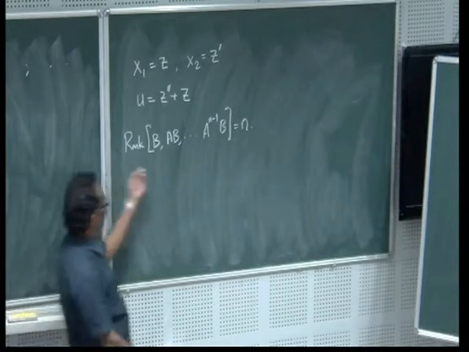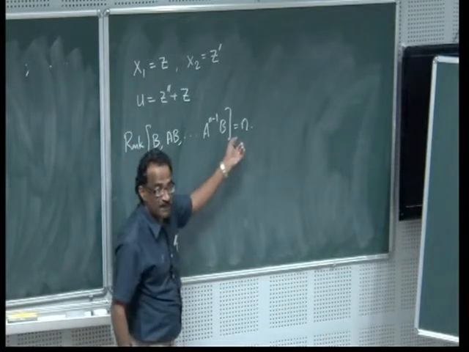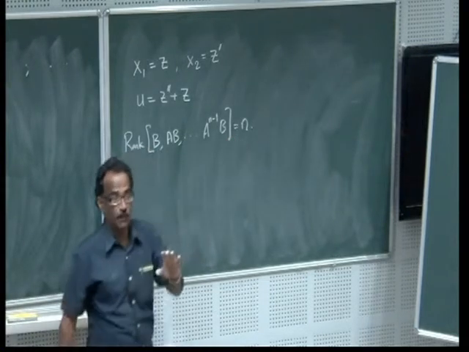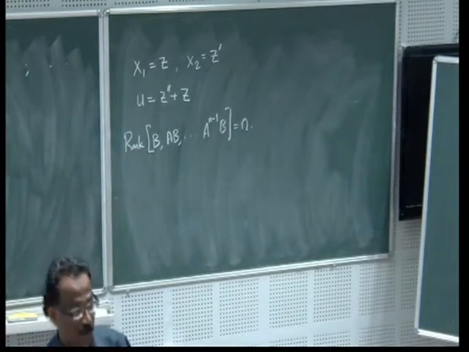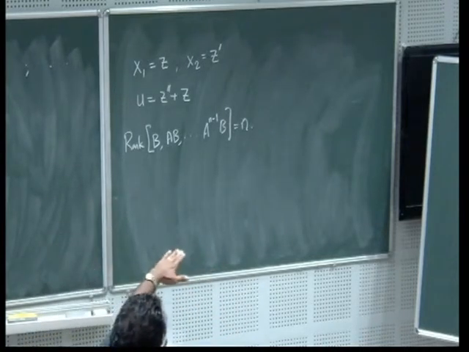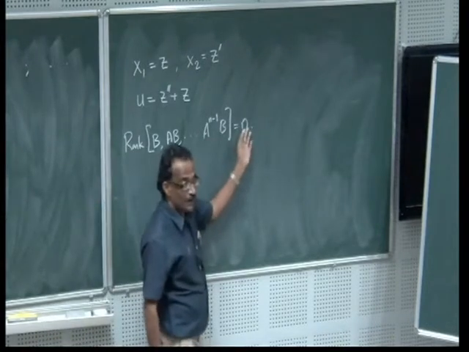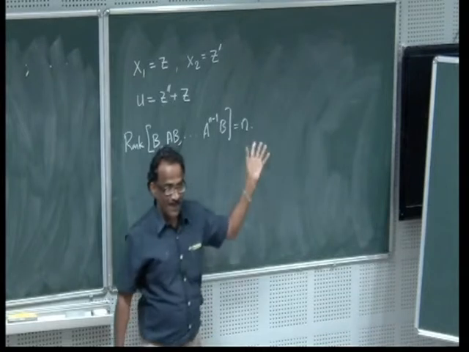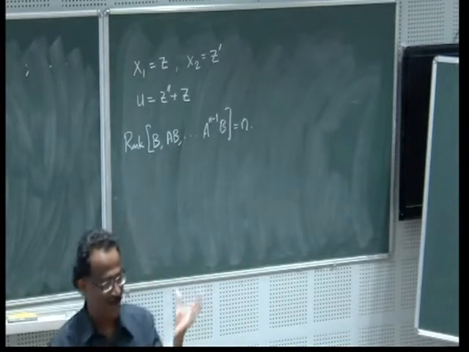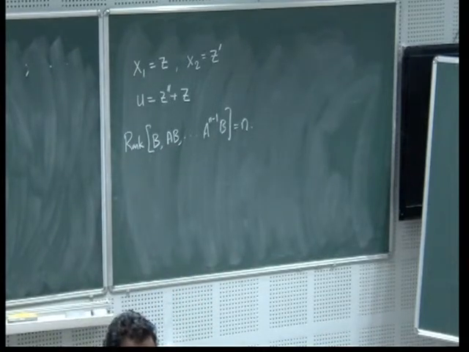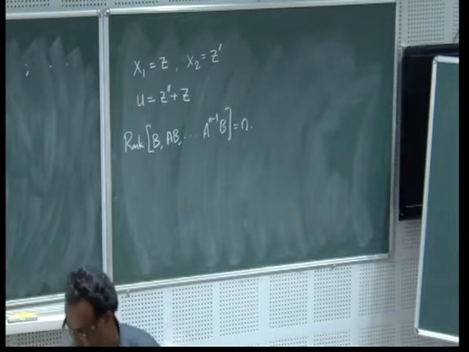If the rank of this matrix is n, that is a necessary and sufficient condition for the system to be exactly controllable. I don't want to take that approach, because it is in terms of the dimension, and it is not good for generalizing to PDEs, because PDE analysis is infinite dimensional. So I won't do that.